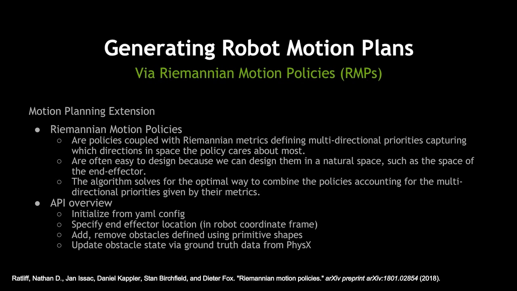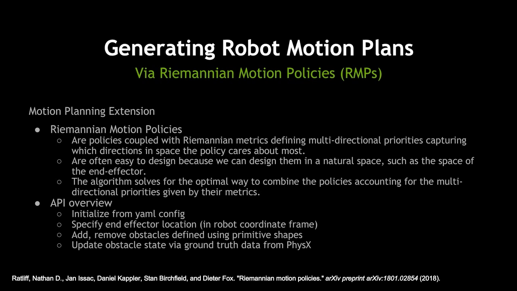RMPs provide you a way to optimally compute the joint angles given a more natural kind of world space pose for the end effector. And if there are obstacles in the path of that robot, it will automatically avoid them for you. Now, the API that we provide is pretty straightforward. If you wanted to import a brand new robot, you would need to provide a new YAML config.